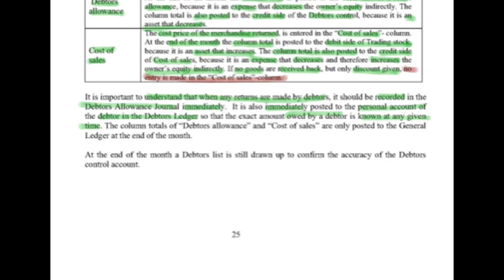The column totals, however, the debtors allowances column and the cost of sales column, those two are only posted to the general ledger at the end of the month. So at the end of the month, the debtors list is still drawn up to confirm the accuracy of the debtors control account. Remember, I confirm accuracy by comparing the list to the debtors control account.